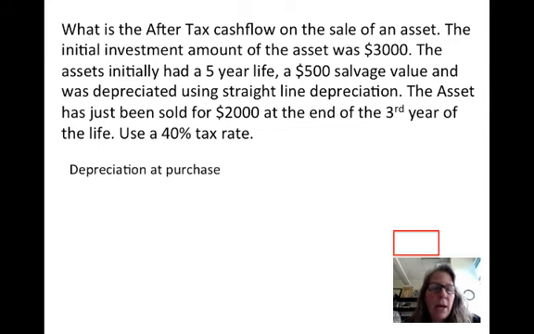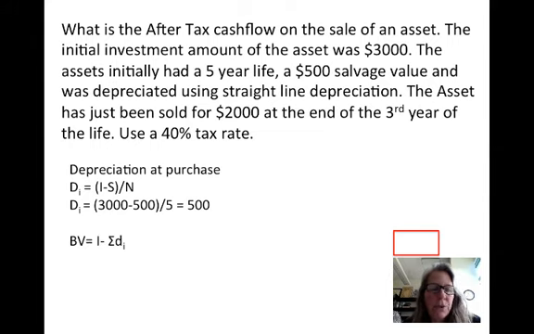So we start by looking at what was the depreciation that was set up at the time of the purchase. And that depreciation was used straight line, which is (I minus S) over N. In this case, 3,000 minus 500 divided by the 5-year life, or $500 per year. The book value is going to be equal to the initial value minus all the depreciation you've taken to date. And in this case, we've taken 3 years of depreciation.